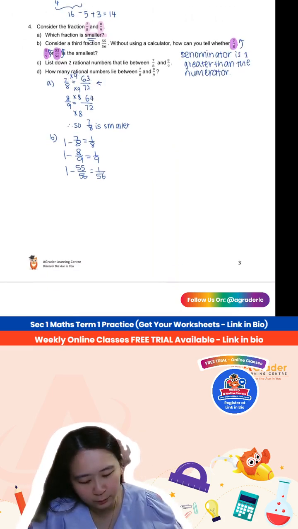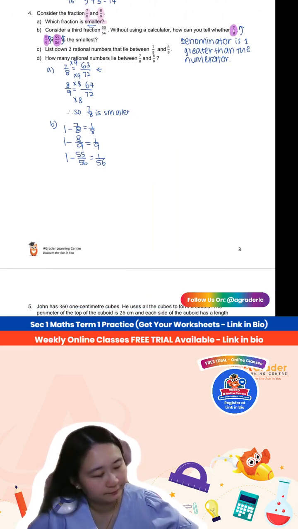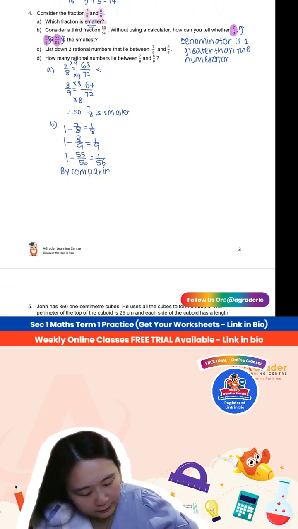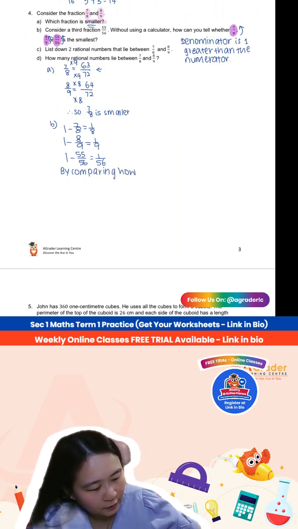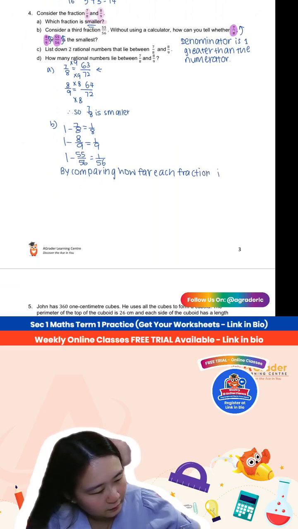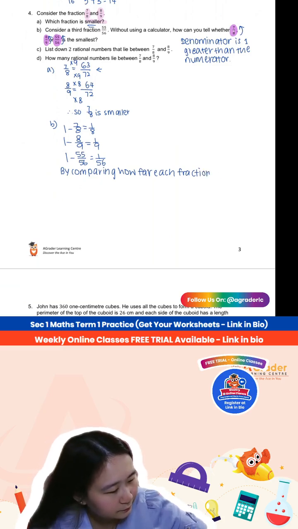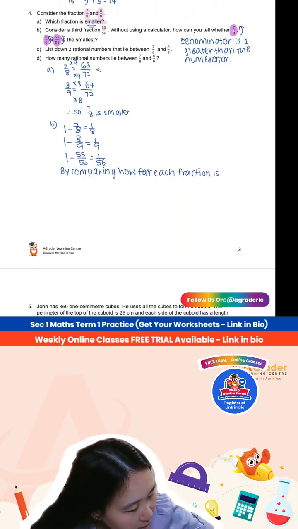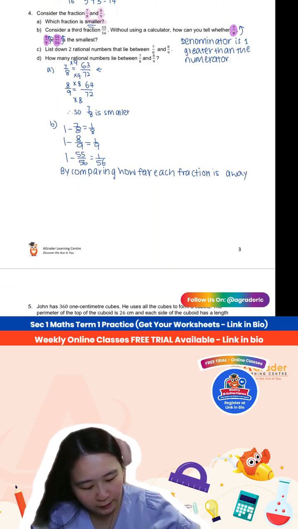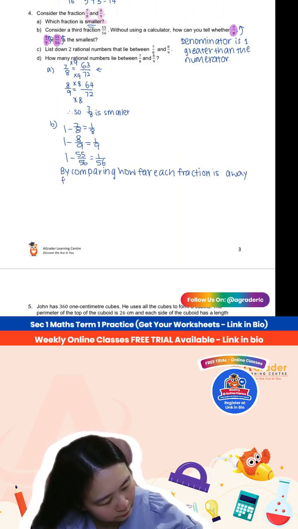So what we are doing here is comparing how far each fraction is away from one whole.